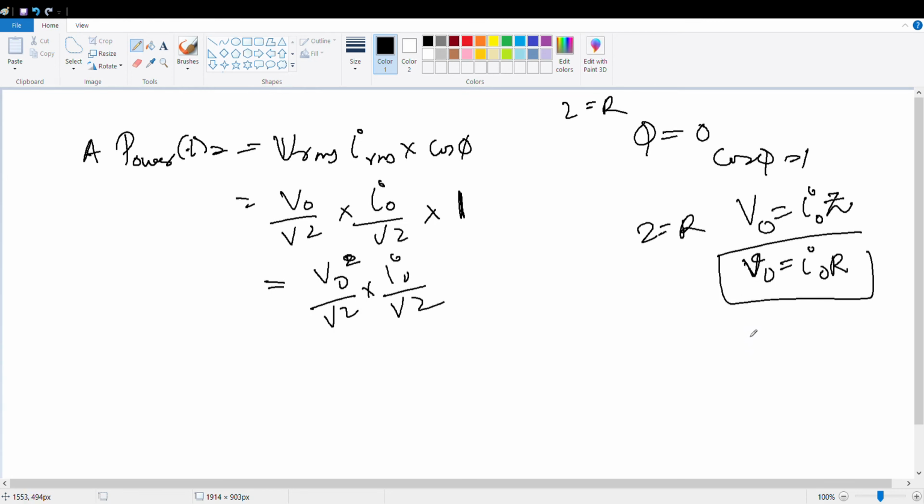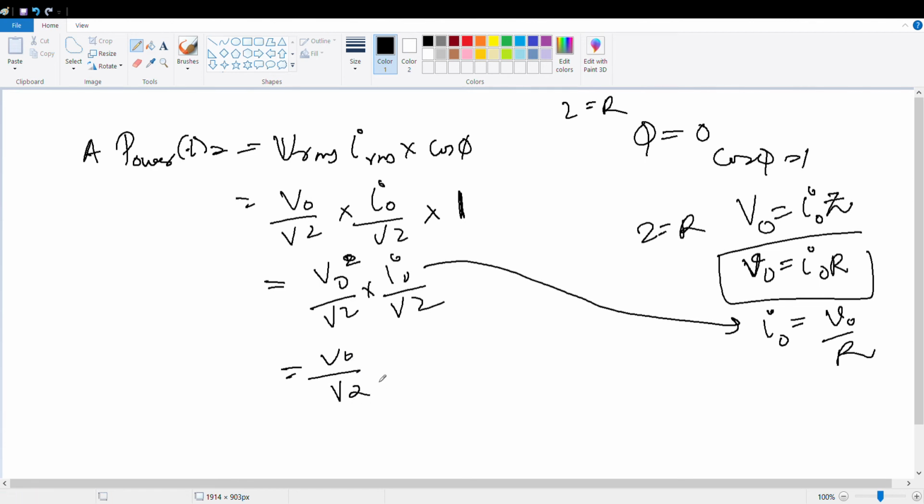So I naught is V naught by R, and I can substitute here. The power becomes V naught square by 2R.